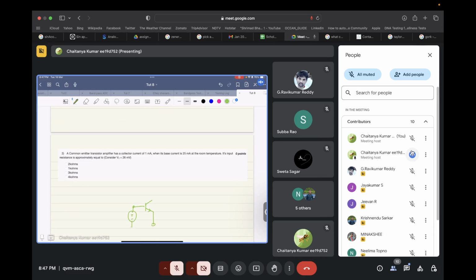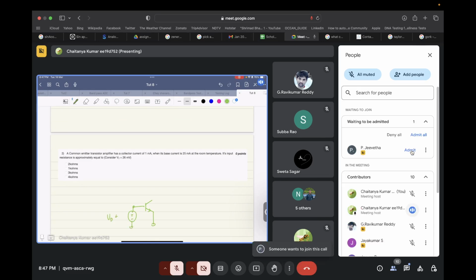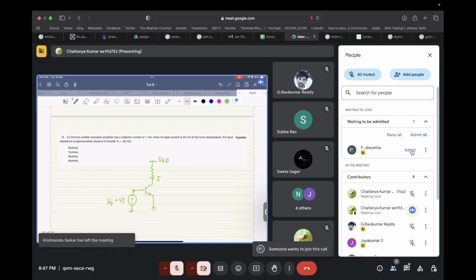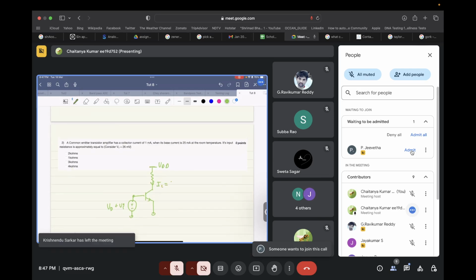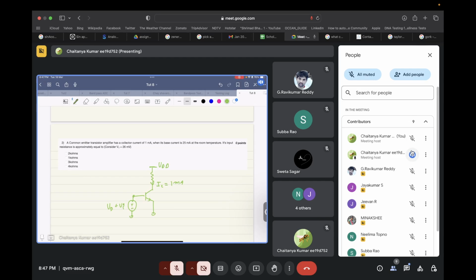We have some biasing voltage plus some current, some input, and the VDD is set such that my collector current is equal to 1 milliamp. My base current, when its base current is 25 milliamp at room temperature, its input resistance is approximately equal to.